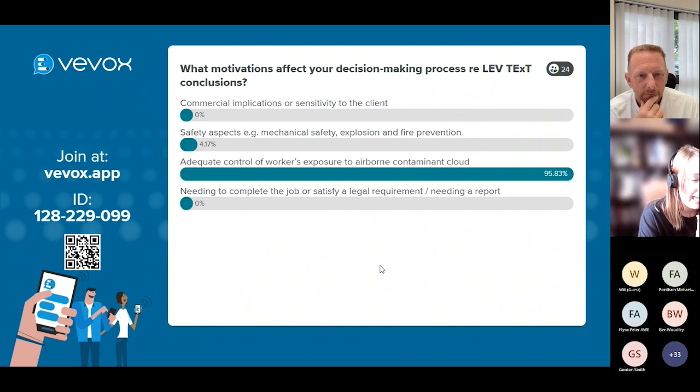If I designed a system and put it in place and then came into the testing layer, I'm going to be motivated to always pass it because I designed it. But we know, because we've been out there, we've seen LEV systems not designed well for purpose. Was there a specification? Was it commissioned properly to show adequate control? A lot of the time it's not.